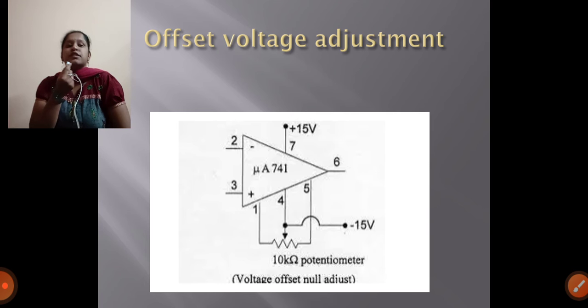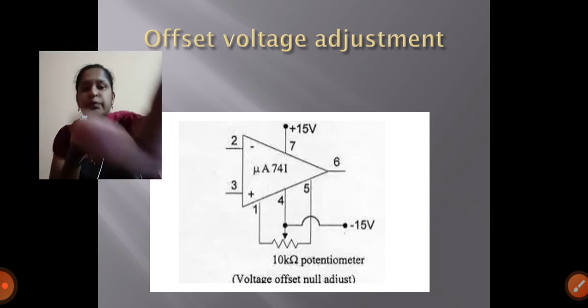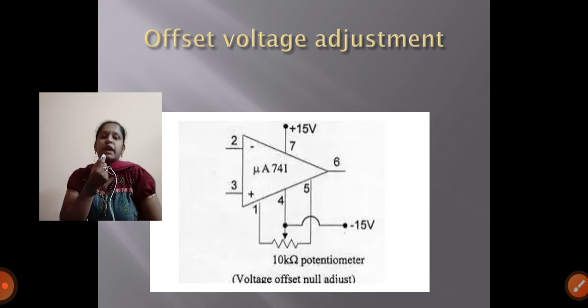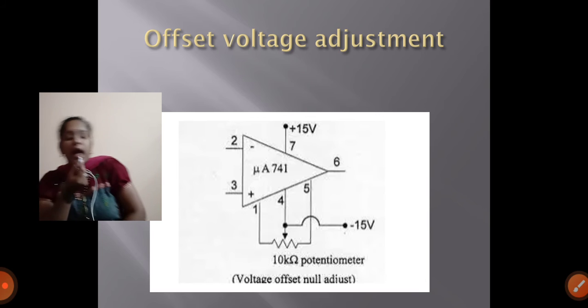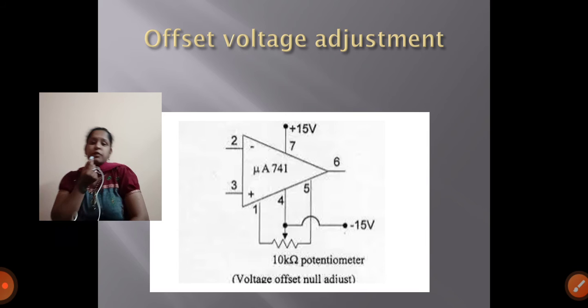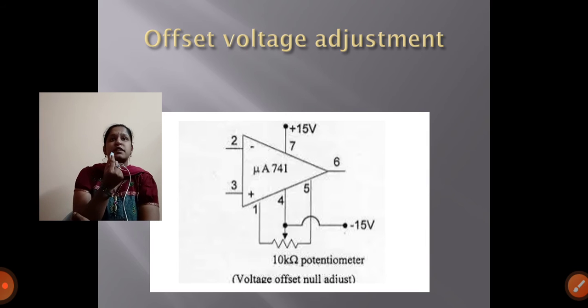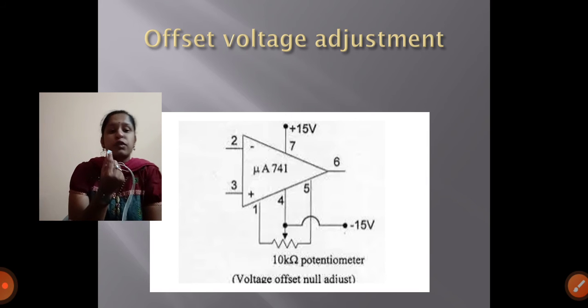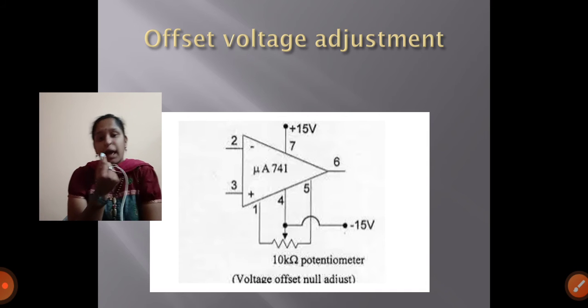Offset voltage adjustment. How to adjust these voltages? That is a very important part in the operational amplifier. For example, if you want to adjust this, without adjusting the input voltages, you may not get a proper output, right?